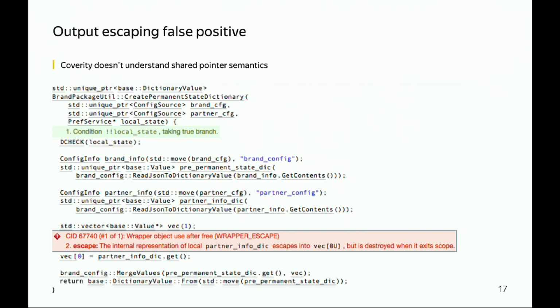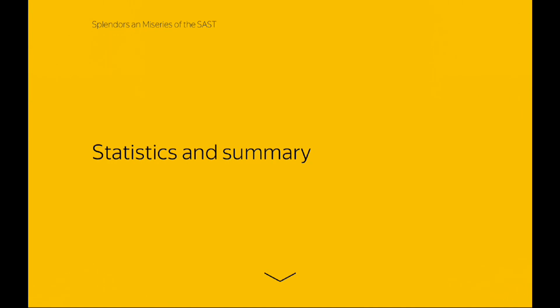So we don't have the vulnerability here, but Coverity actually doesn't understand the smart pointer semantics, I'm sorry, and we got a false positive here. So we need to analyze it and fix it.